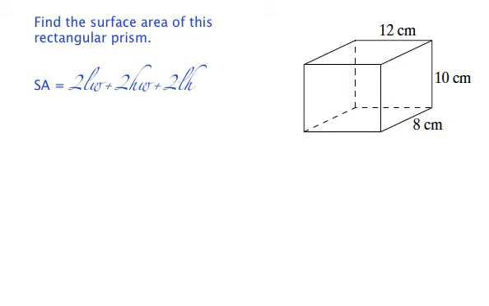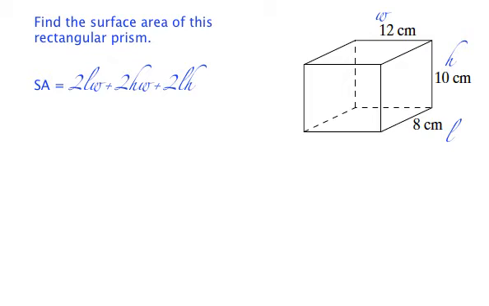The surface area formula for a rectangular prism from the Indiana reference sheet is surface area equals 2 times length times width plus 2 times height times width plus 2 times length times height. So the first thing you're going to want to do is on your rectangular prism, label your length, your width, and your height.